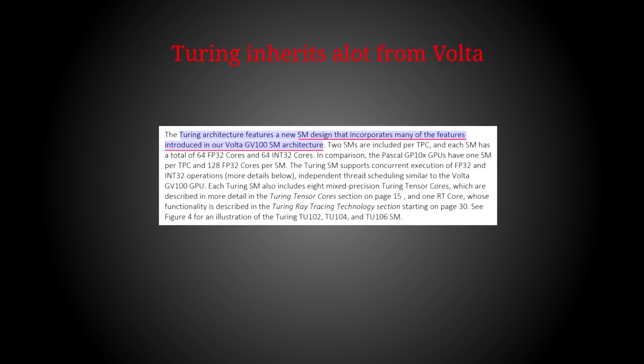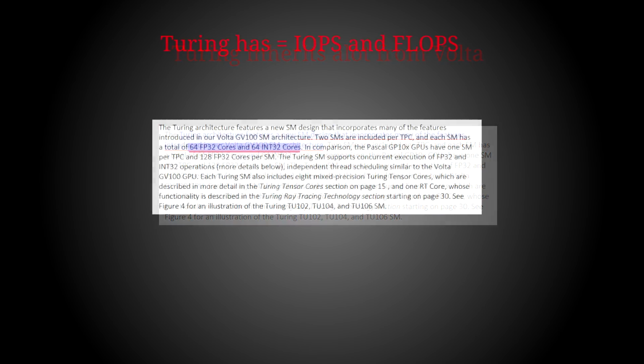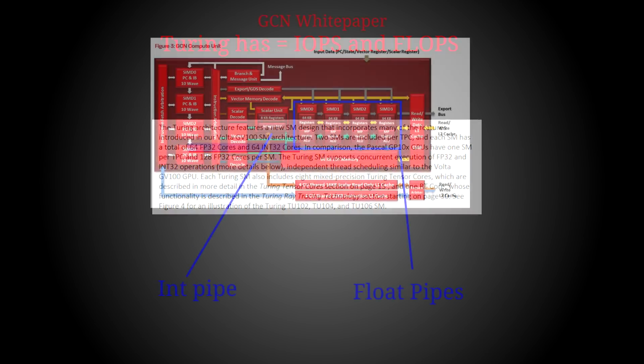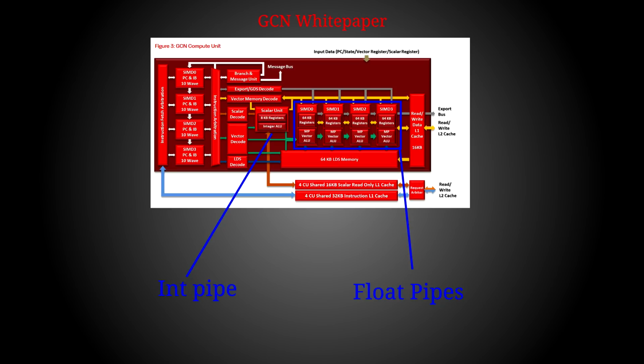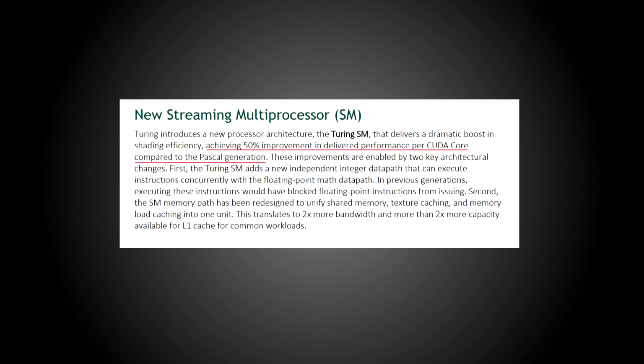They did this by taking a massive amount of the Volta architecture's backend, with the Turing SM having 64 FP32 and 64 INT32 units. Nvidia has gone the way of AMD's GCN with compute units that have 64 asynchronous float and integer pipelines. This added ability to process ints together with floats has had one of the largest contributions to that 50% performance increase that Nvidia talks about.